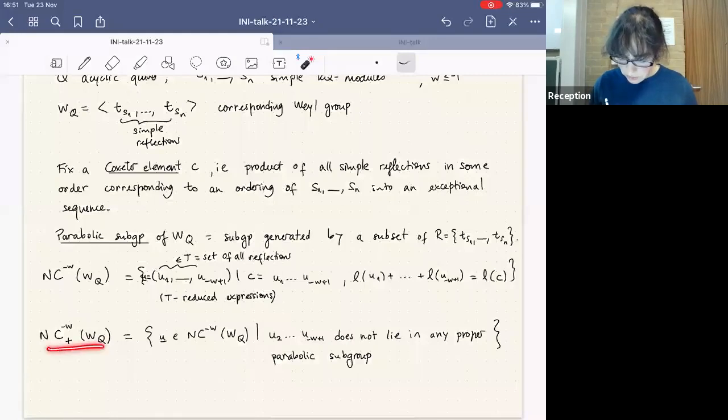The positive ones will be those non-crossing partitions for which the second part here, u_2 up to u_{l-w+1}, does not lie in any proper parabolic subgroup.